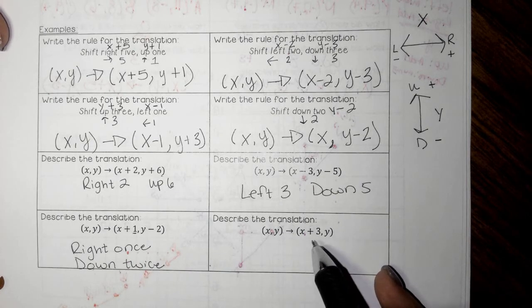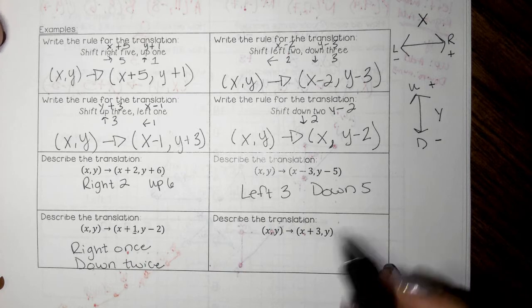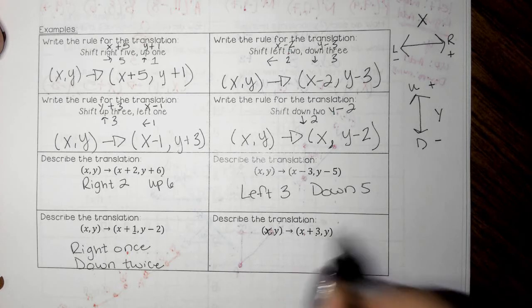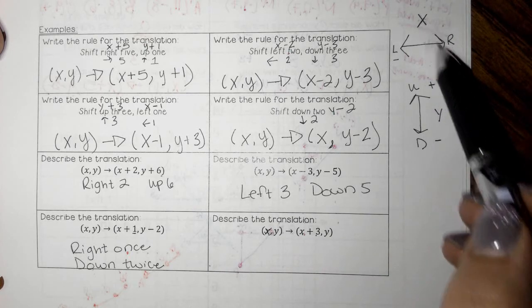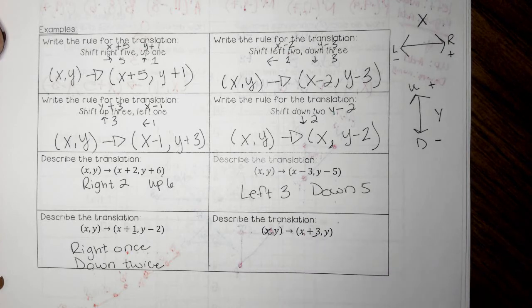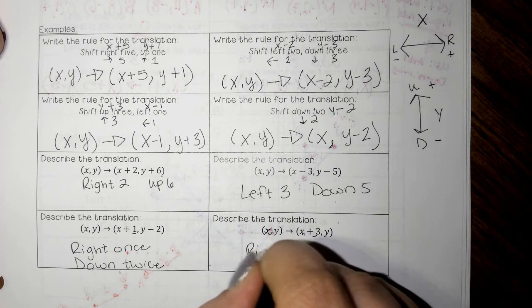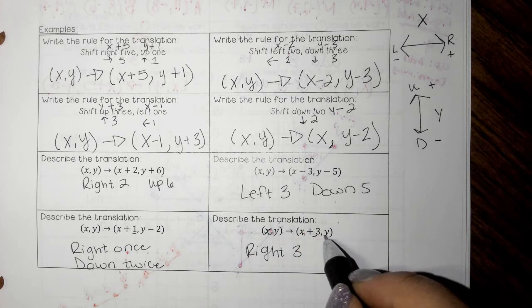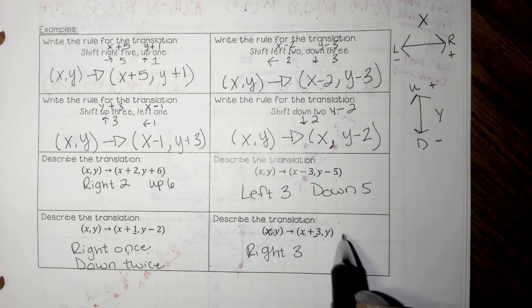This is the translation (x plus 3, y). The x values go from x to x plus 3. We're changing our x value by adding, so we're going to the right 3 times. And our y value doesn't change at all, so we're not actually going to write anything down there.